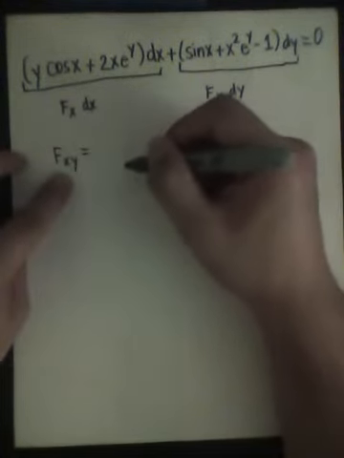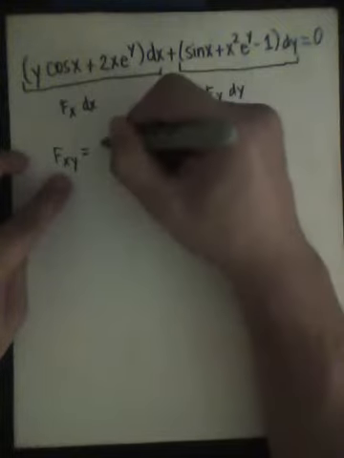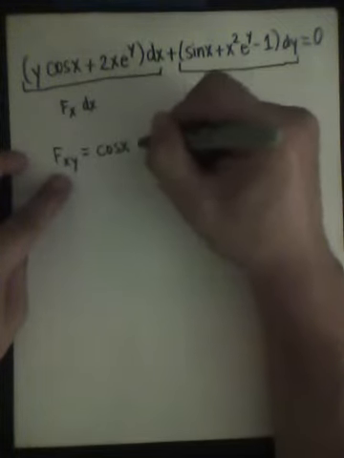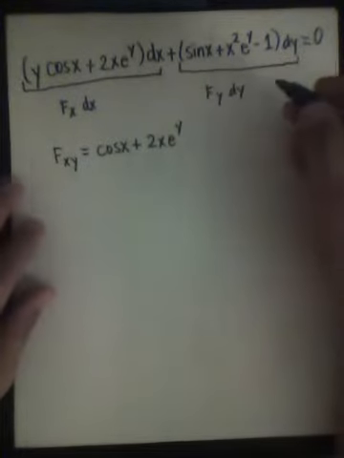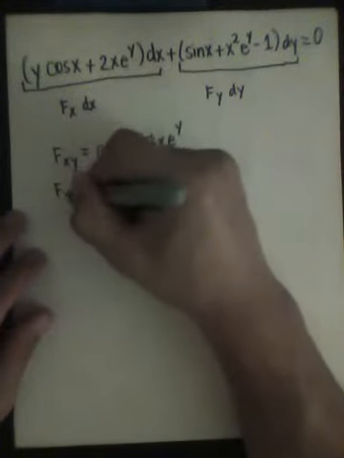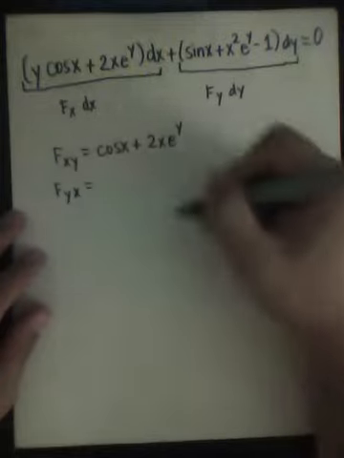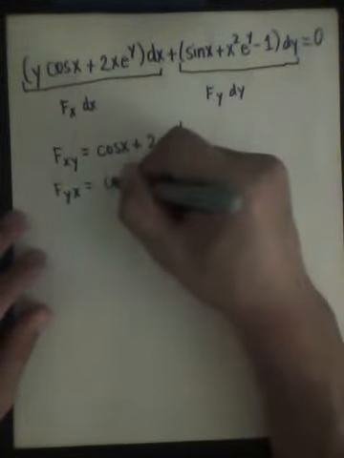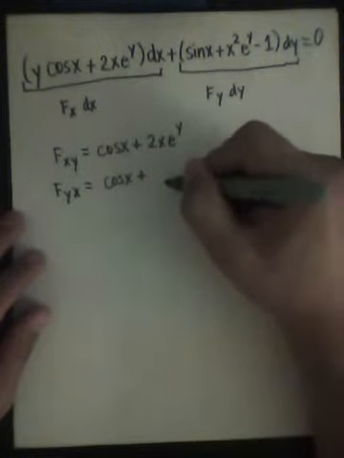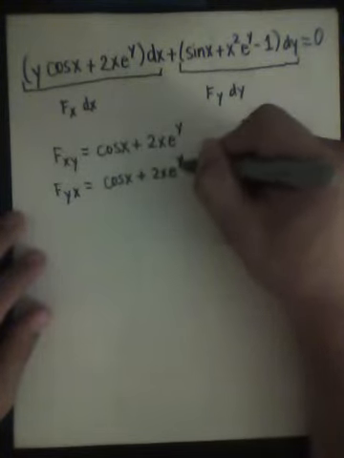F sub xy will yield cosine x plus 2x e to the y. And if you figure f sub yx, we should get the same thing, cosine x plus 2x e to the y.